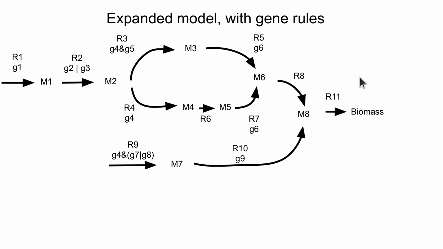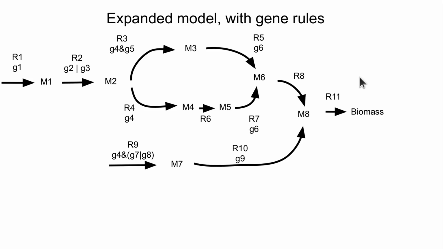If you delete G1, that will knock out R1. What effect will that have on our metabolic system? If you knock out G2, what effect will that have in terms of reactions? Which reactions does G2 participate in? And what effect would knocking out those reactions according to the specified rules have on our system? And similarly for each individual gene.